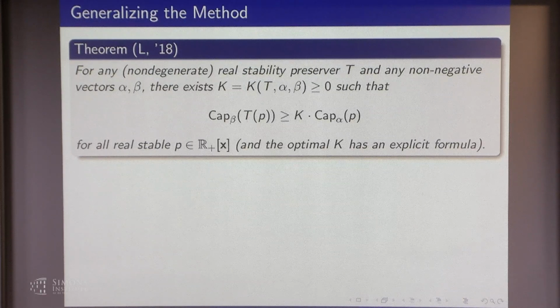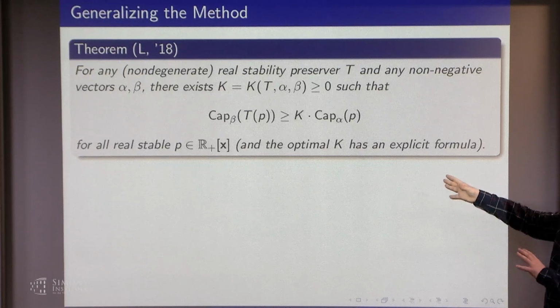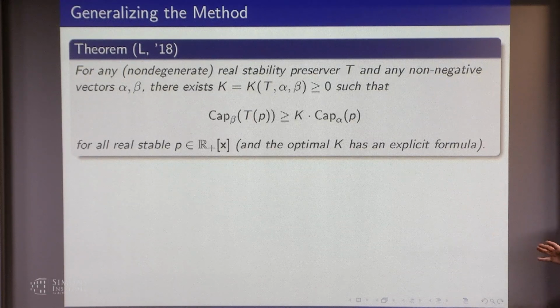I'm not going to write it down here, but it has some explicit formula in terms of alpha and beta, and, if you're familiar with the Borcea-Brändén characterization, it's also in terms of the capacity of the symbol of T. Okay, and by non-degenerate, I just mean that your symbol is real stable, so you can talk about this. If it isn't, then there's still some constant that we have a formula for.